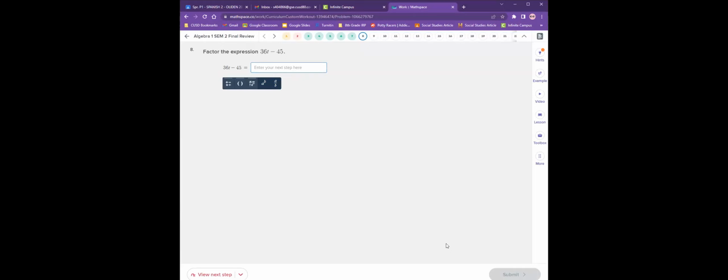Factor the expression: 36t minus 45. I feel like I have to factor 36 out of the t. You want to find the GCF, the number that goes into both of those.